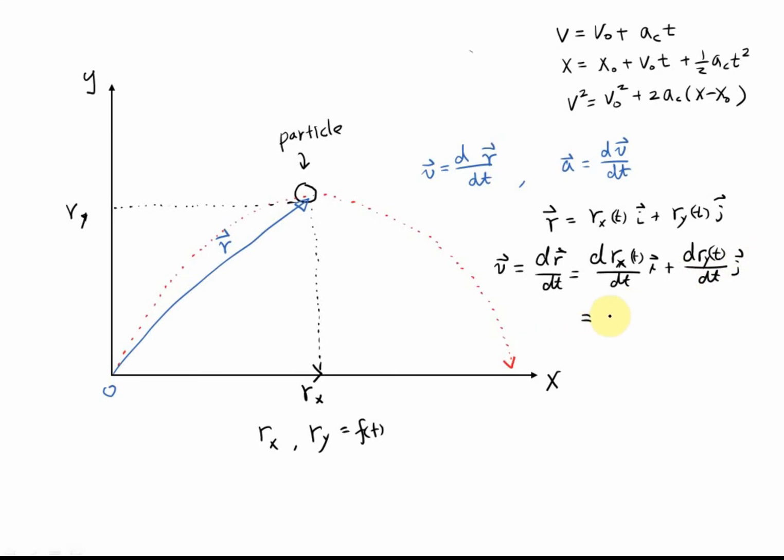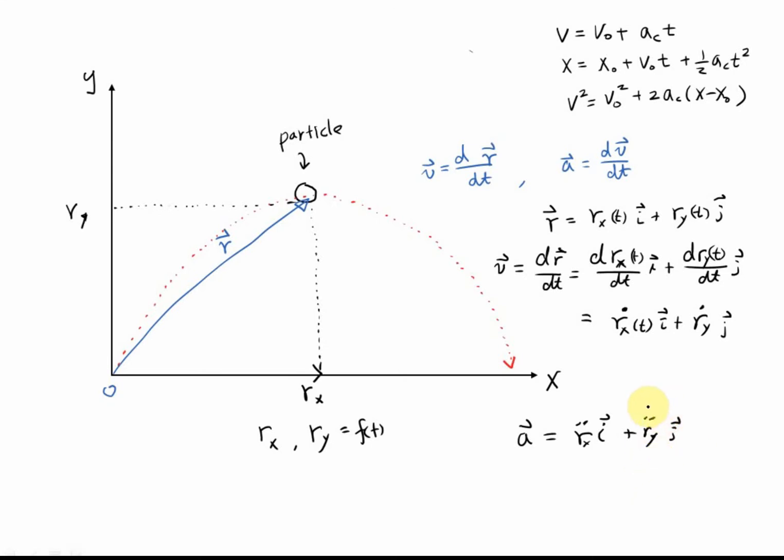We can simply notate this as rx dot i plus ry dot j, omitting the parentheses here. And how about the acceleration? If you take another derivative, this should be the second derivative of the x component of r times i, and the second derivative of the y component of r times j, like that.